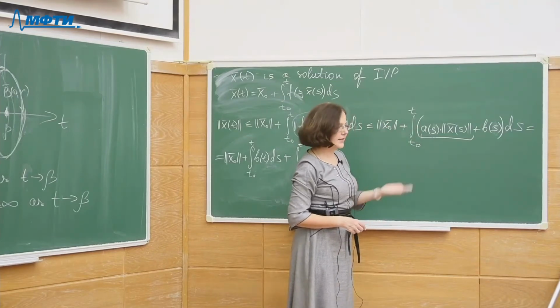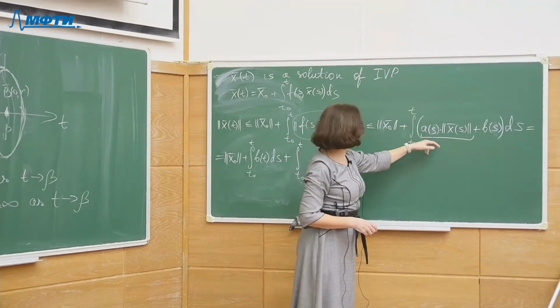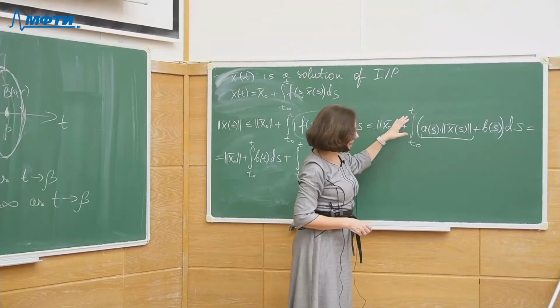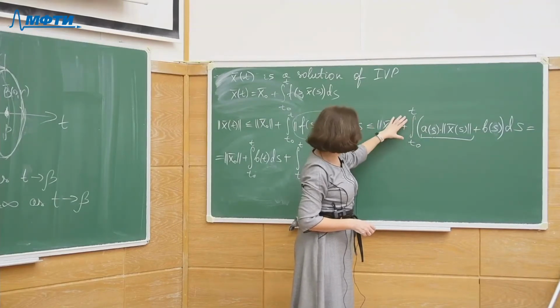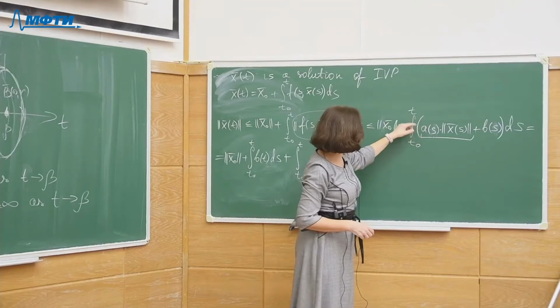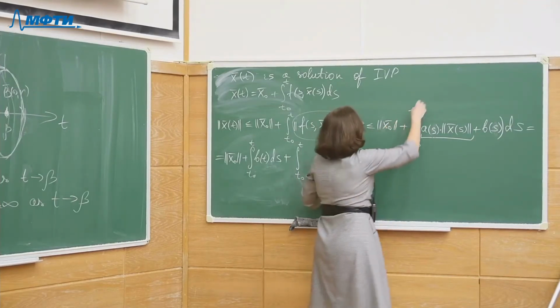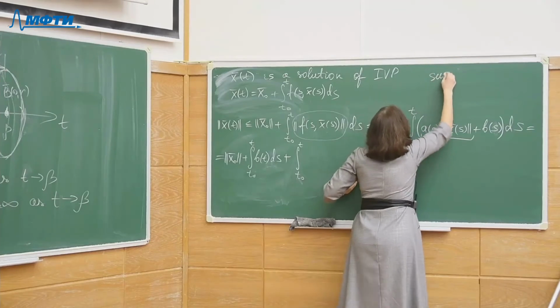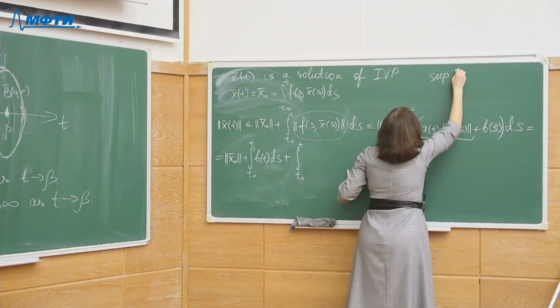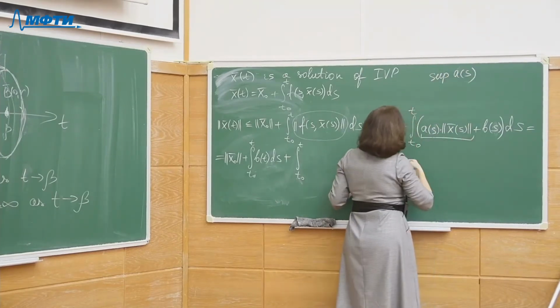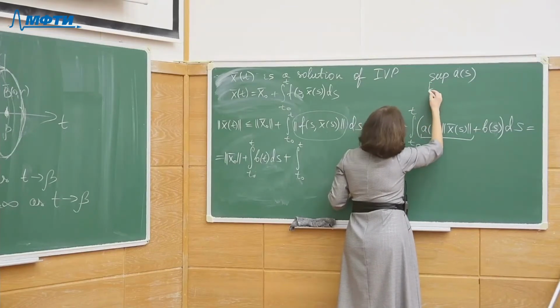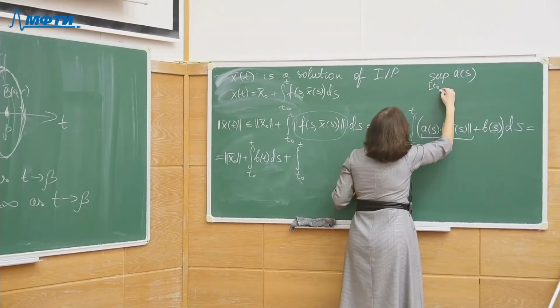Since it is non-negative and continuous, by the extreme value theorem, it takes on its maximum value. So we can find the supremum of a of s on the segment from t0 to beta.